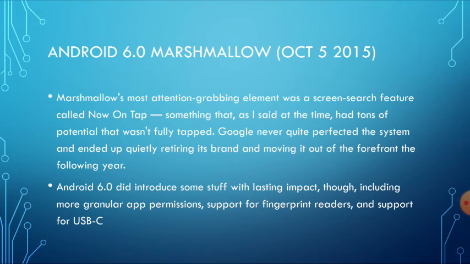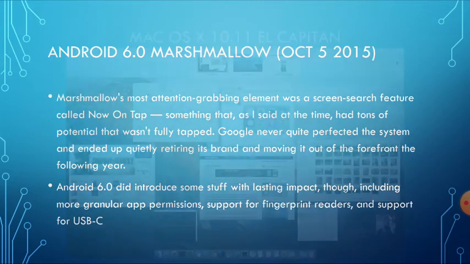Google never quite perfected the system and ended up quietly retiring its brand and moving it out of the forefront in the following years. 6.0 did introduce some stuff with lasting impact though, including more granular app permissions, support for fingerprint readers, and support for USB Type-C.